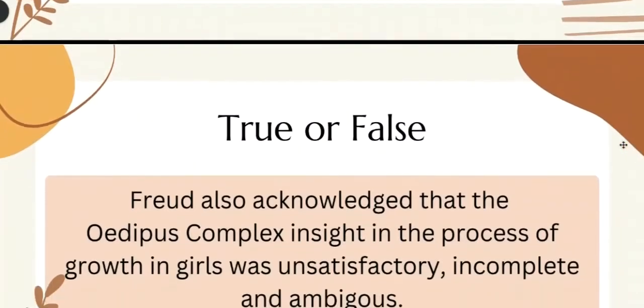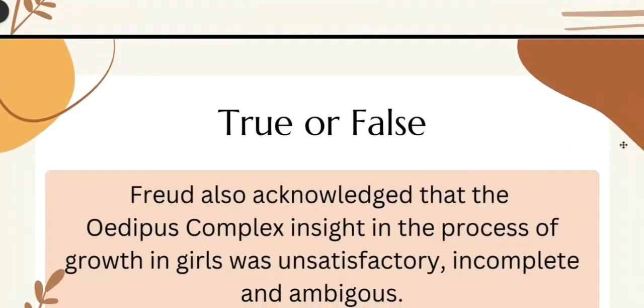Freud also acknowledged that the Oedipus complex in the process of growth in girls was unsatisfactory, incomplete, and ambiguous. Do you believe that Freud really acknowledged this, that the Oedipus complex was unsatisfactory, incomplete, and ambiguous when it comes to the growth of girls?